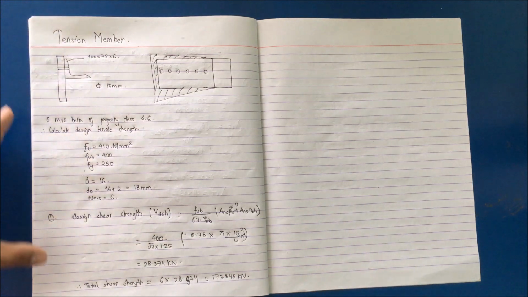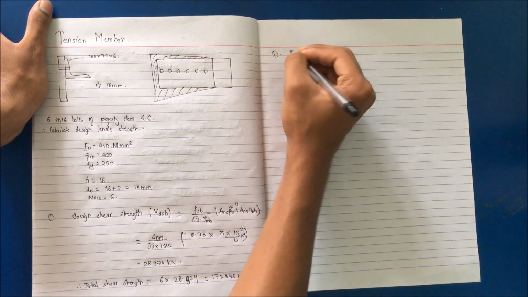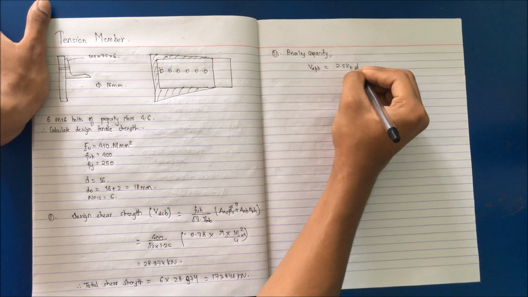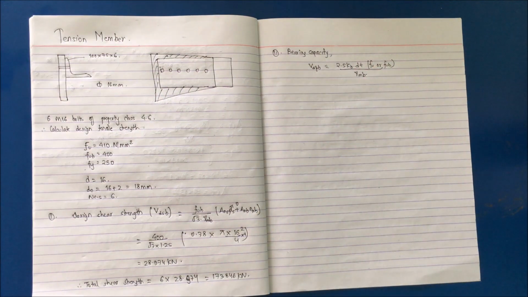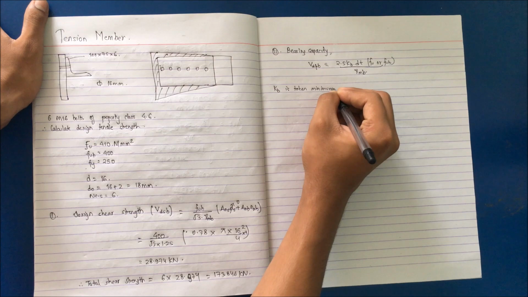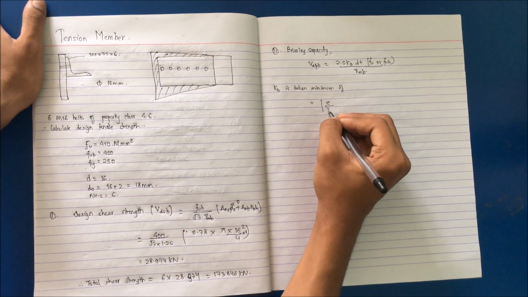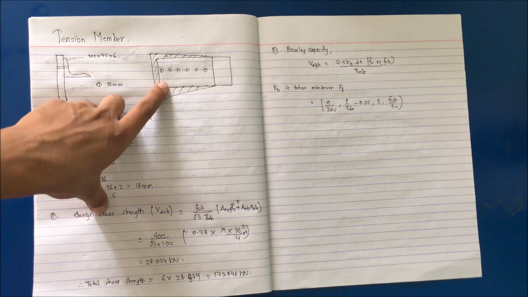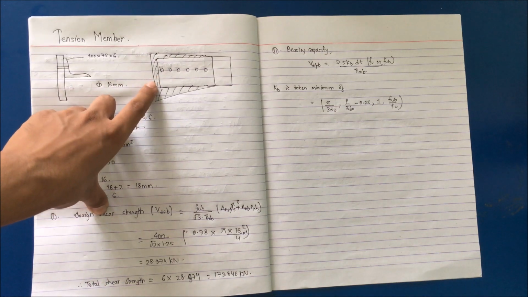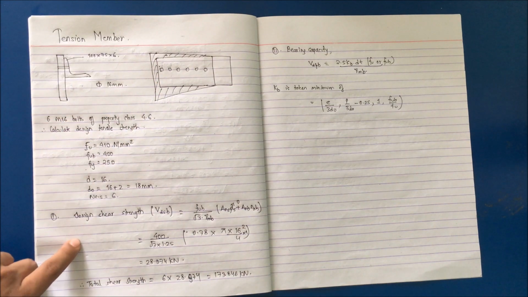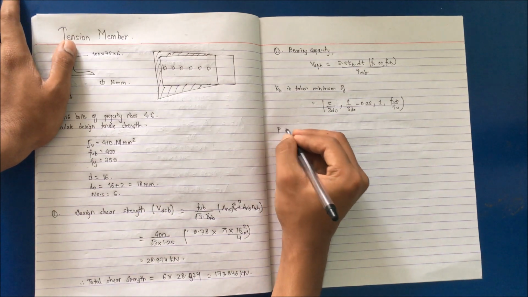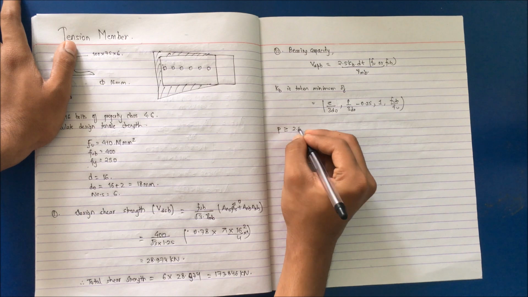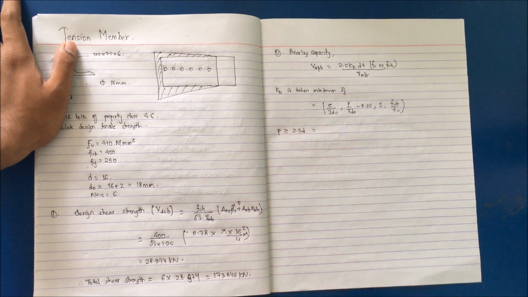Now the second is bearing capacity. This question, pitch is not given, you have to calculate it. Okay, for calculation of pitch and E, there is equation P should be greater or equal to 2.5 times of diameter.